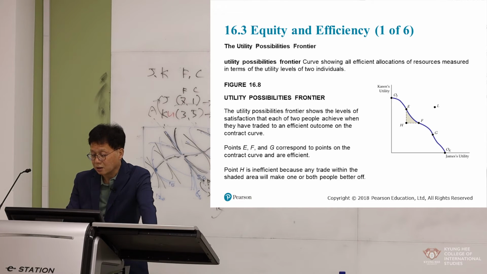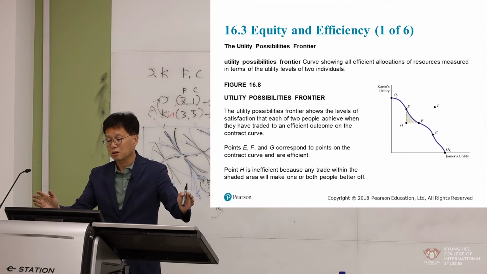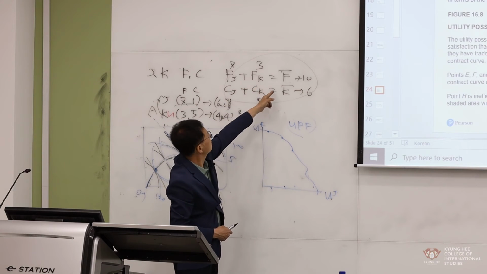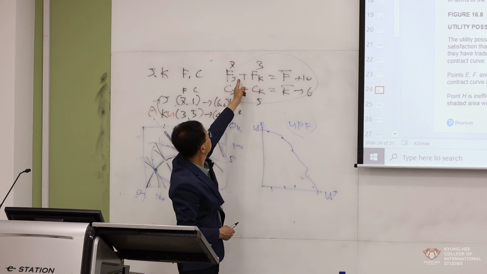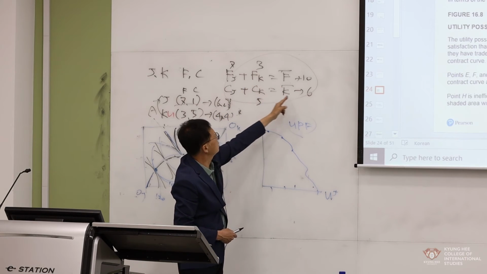And point L is above this utility possibility frontier. That means at point L, the utility of Karen and James increase, but it is not feasible. Simply speaking, at point L, right? This condition cannot be satisfied: Fj plus Fk is 10, Cj plus Ck is 6.